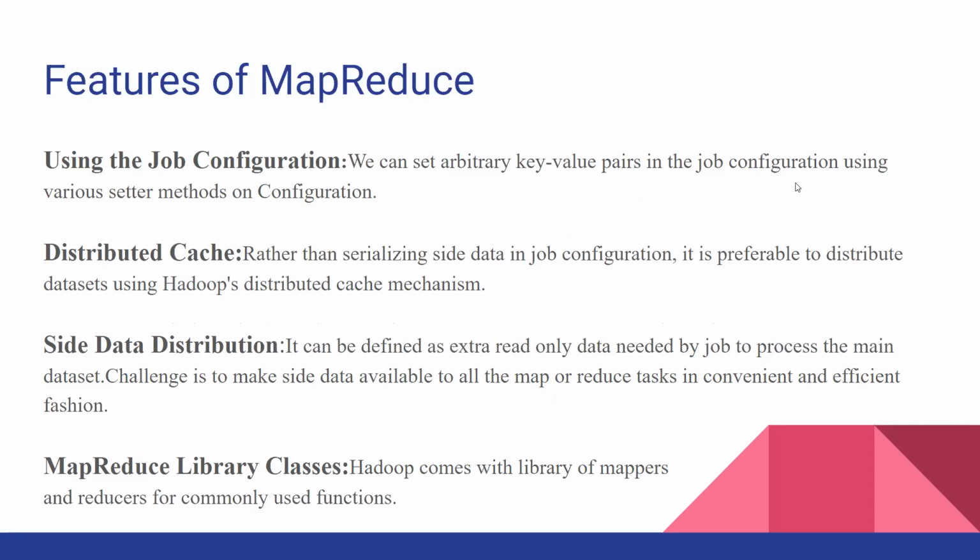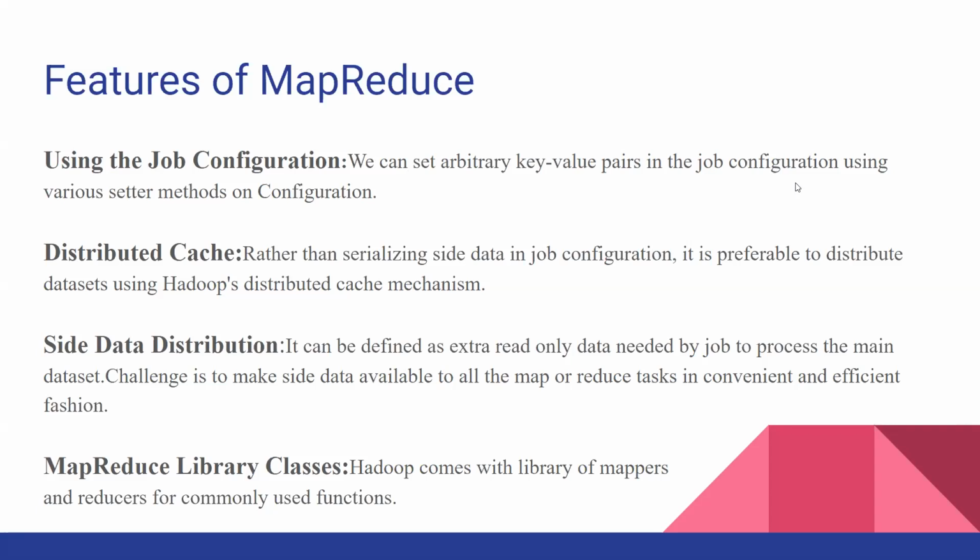Next is distributed cache. MapReduce doesn't have a single point of server. It uses distributed servers for faster computing. Side data distribution is the extra read-only data that is needed by the job to process the main data set, but sometimes it's very difficult to find it.